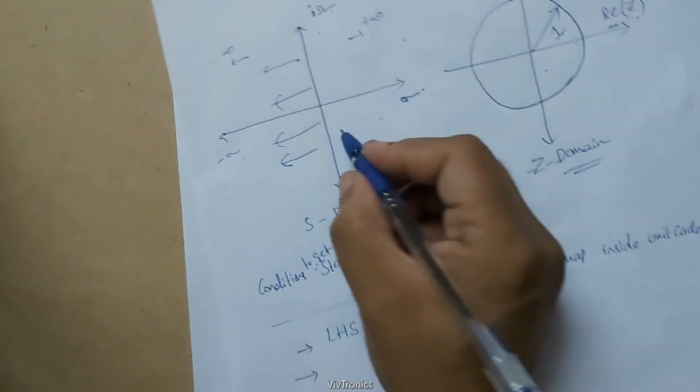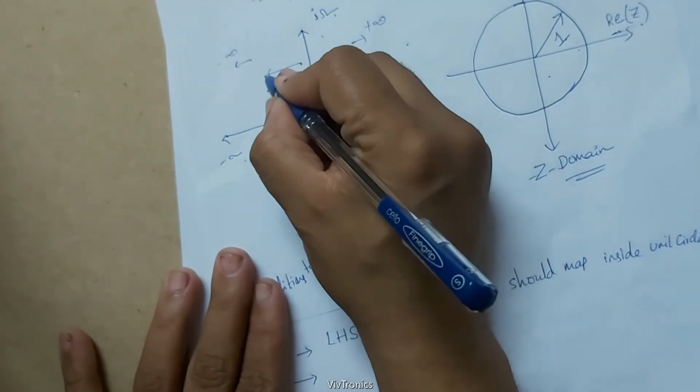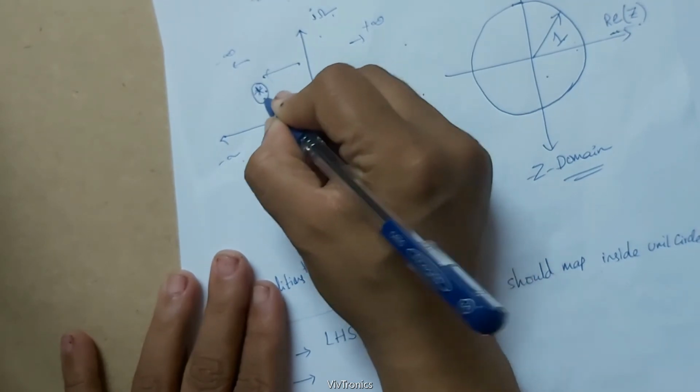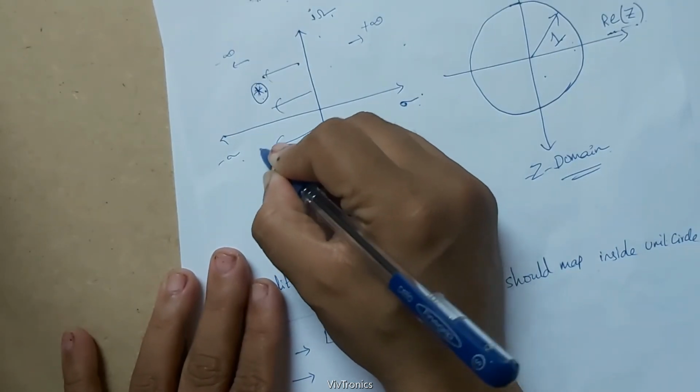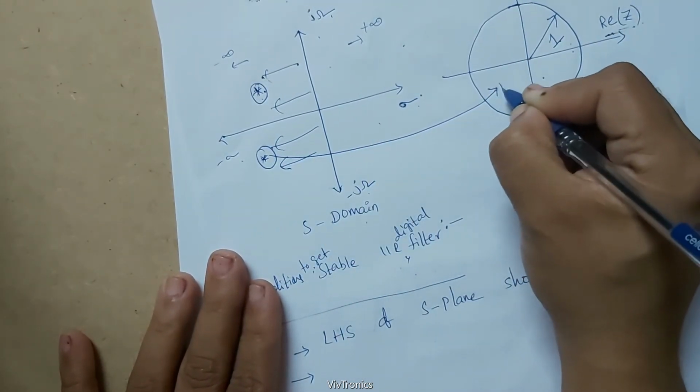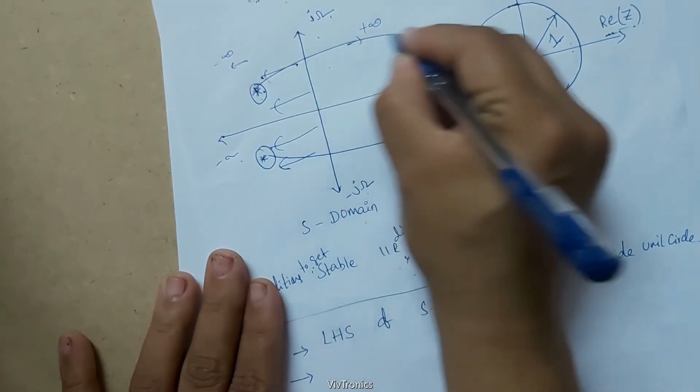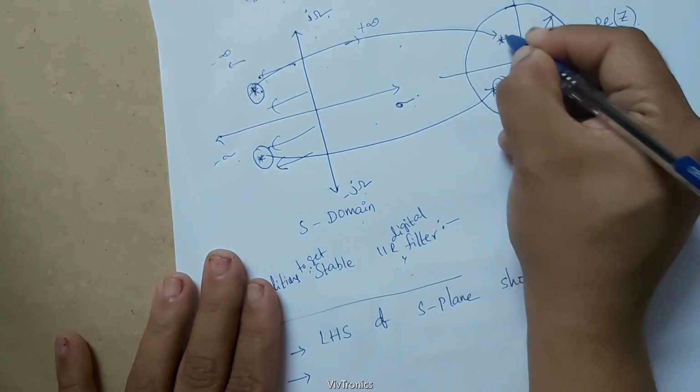If you take some poles here, represented with a star with a circle around, these should definitely map inside the unit circle.